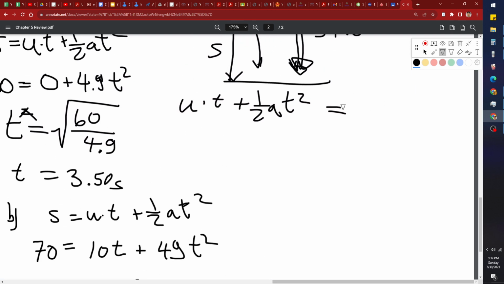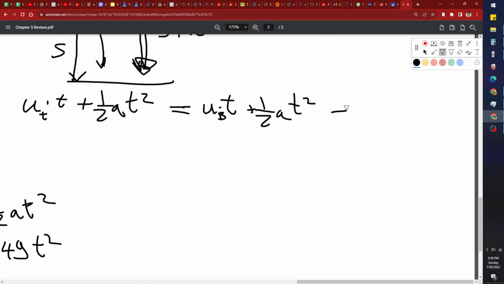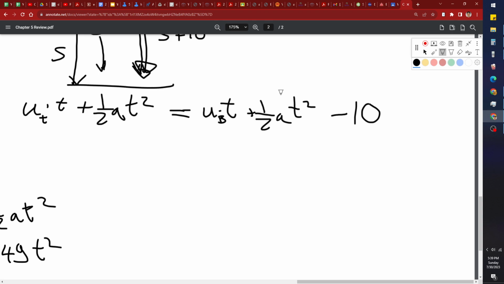So that means for him, he's gonna have all the same thing for himself, Benjamin, tau. They have exactly the same acceleration, and their time will be the same too. Okay, but for him, he has that 10 extra meters that he has to go.